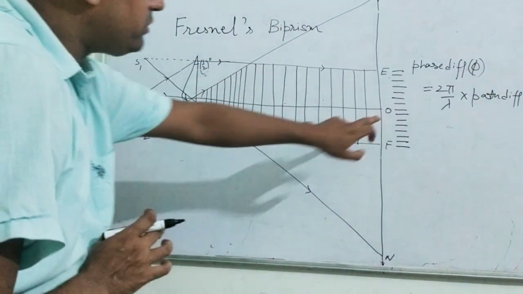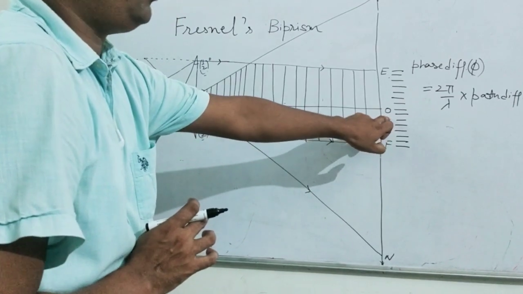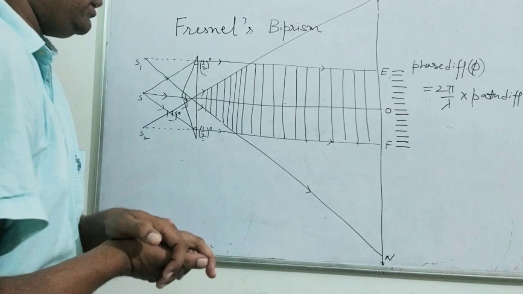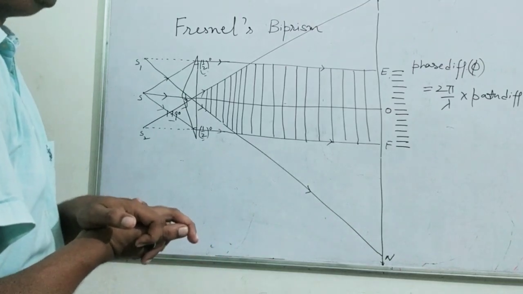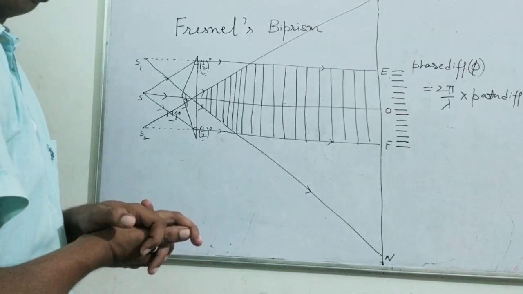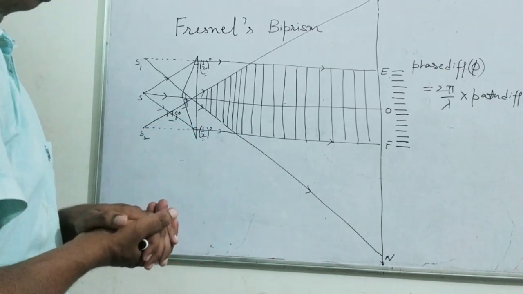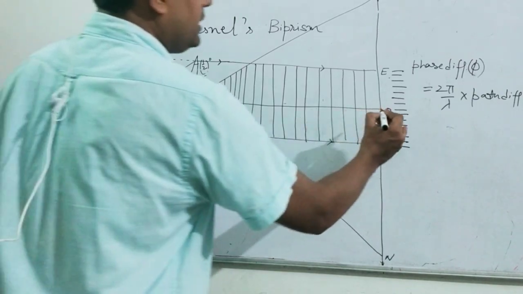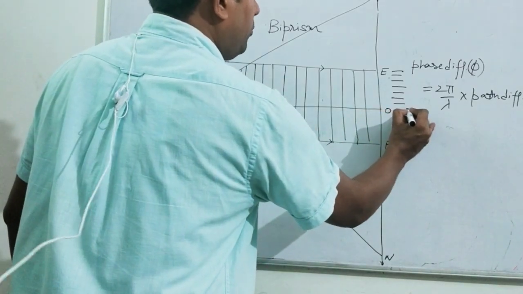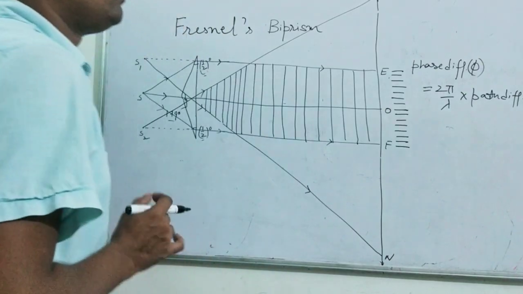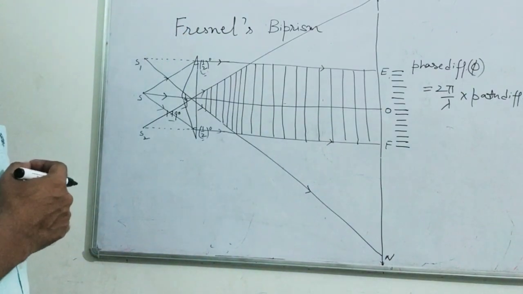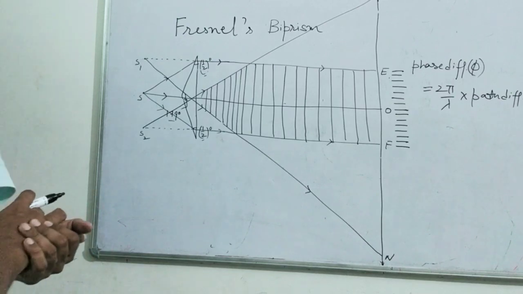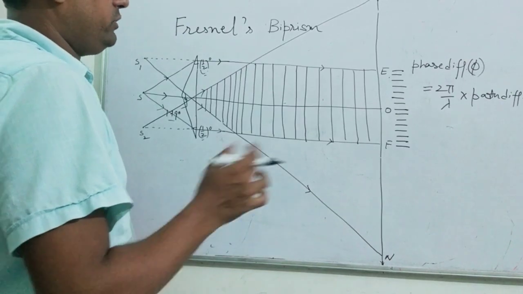It means the waves reaching point O from S1 and S2 will be in the same phase. If the waves are in the same phase, they will reinforce each other and their amplitude will increase, and if their amplitude is increasing, then point O will be the point of maxima. Similarly, we can obtain maxima or minima depending upon the phase difference between the two waves.